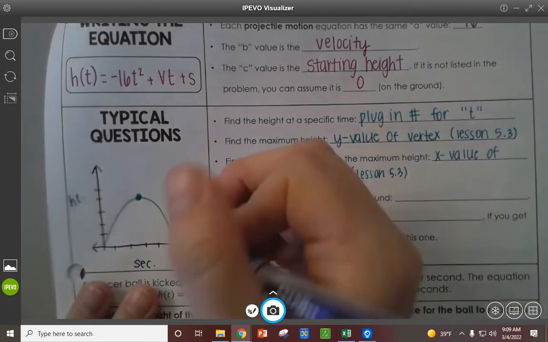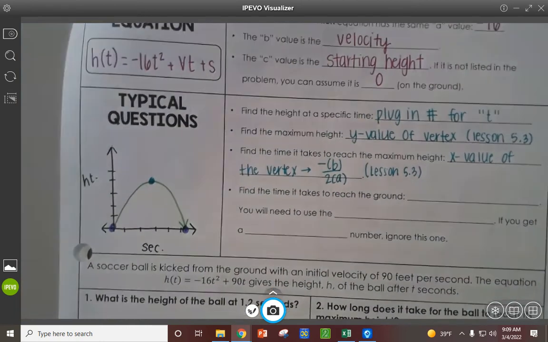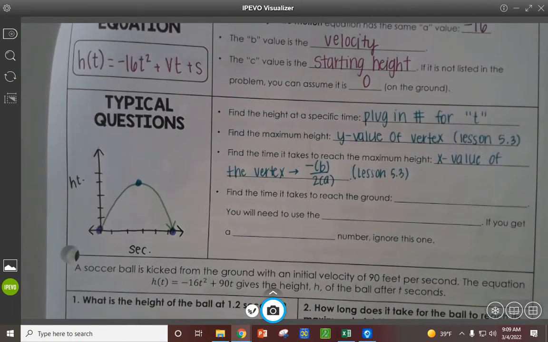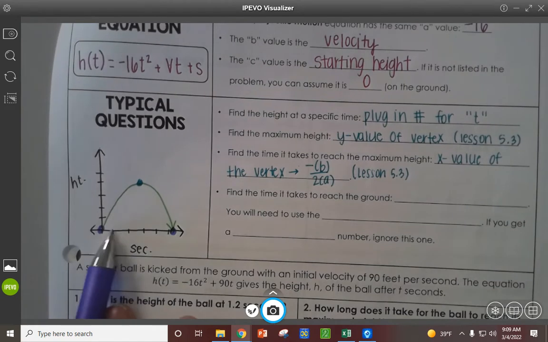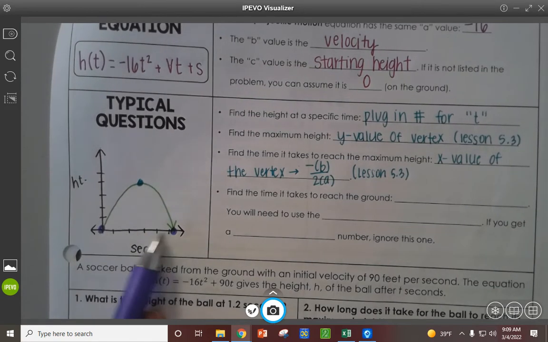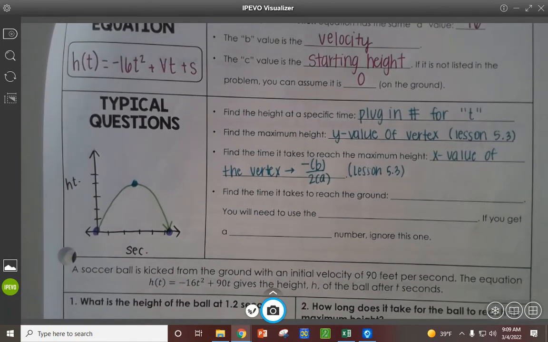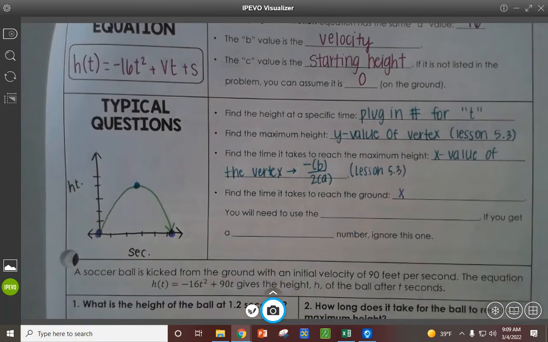What about when it hits the ground? What are those points? The height is 0 when it hits the ground. What are those points on the graph? The x-intercepts.